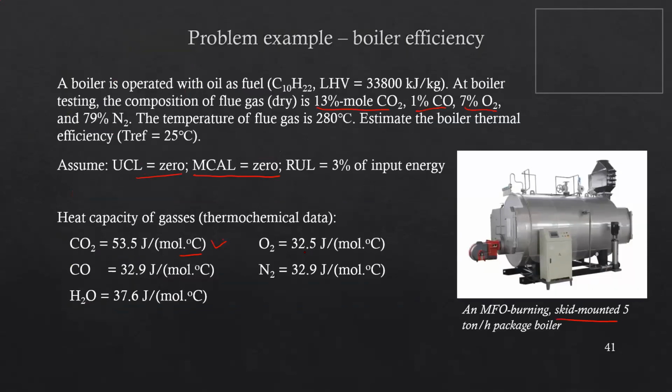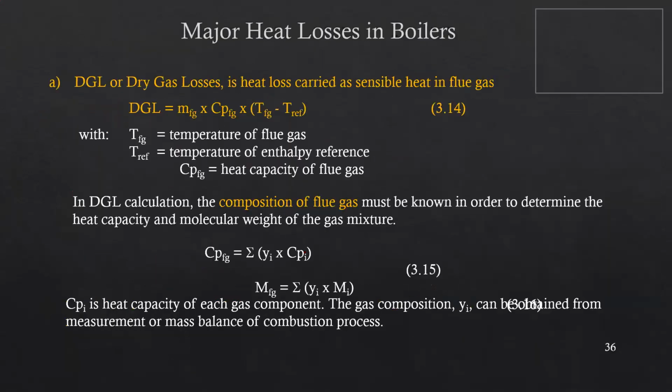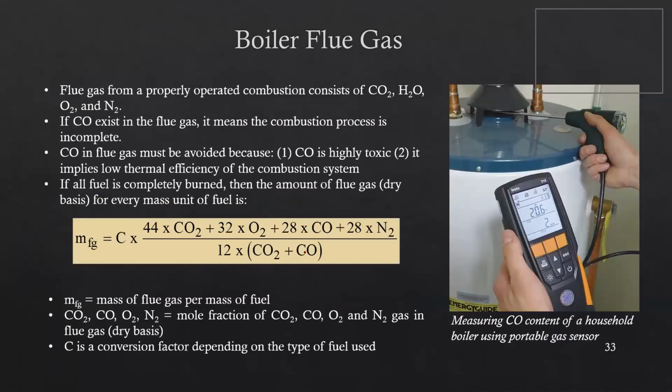I think Pamiki has already defined it in the previous slide. Here, the mass of the flue gas per mass of fuel equals the conversion factor depending on the type of fuel used, divided as the C multiplied by this.